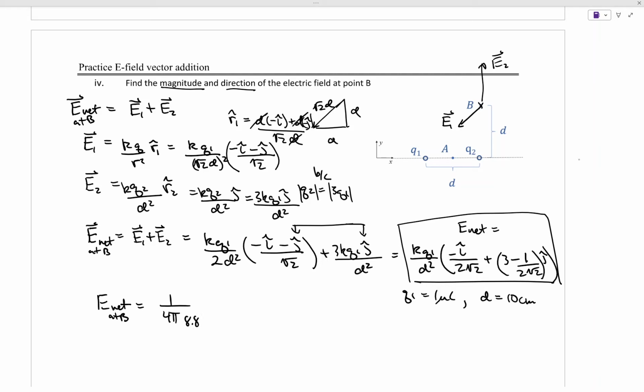We could put this in as a number even, 9 times 10 to the 9. So our charge would be 1 times 10 to the minus 6, and then 2 over root 2.